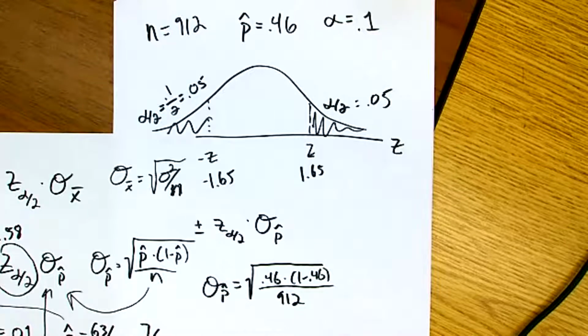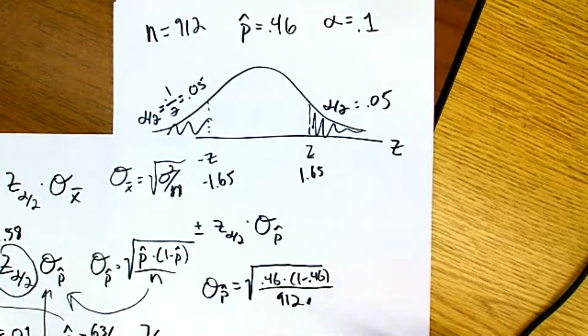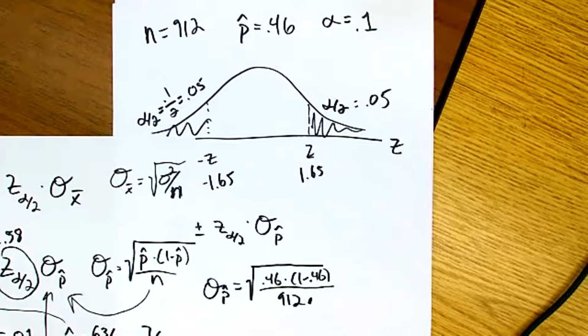Now notice, when I have a sample size that's this large, what's going to happen to the standard deviation of my sample proportions? The denominator is really large, so what happens to the entire fraction? It goes down, right? It gets really small. At 912, dividing anything by 912, it's going to make it pretty small.